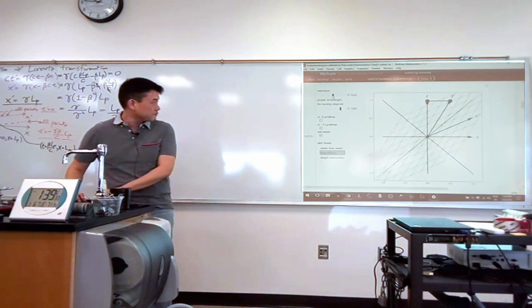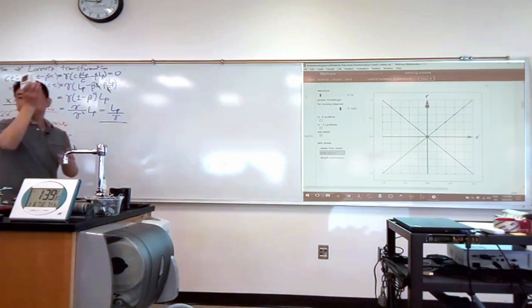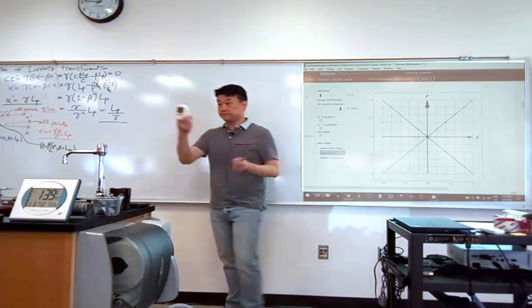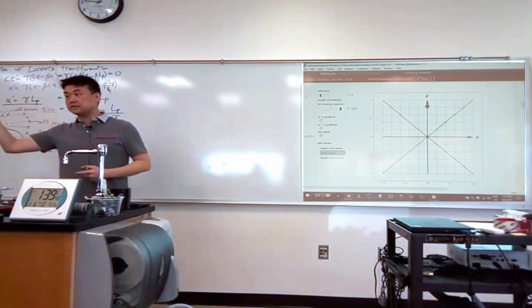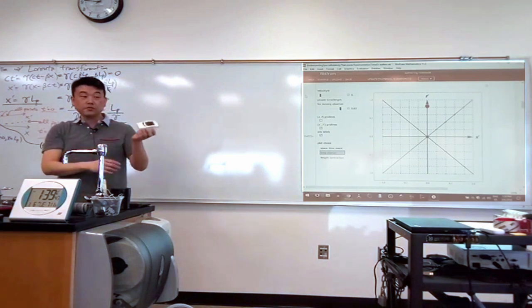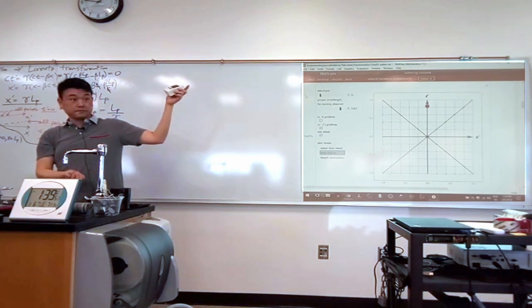So imagine this is what you're comparing. We have a clock that's going to count down 1, 2, 3, 4 seconds. Good? And the clock is going to start moving relative to you. And you're still going to look at how long it takes for it to count down 4 seconds.